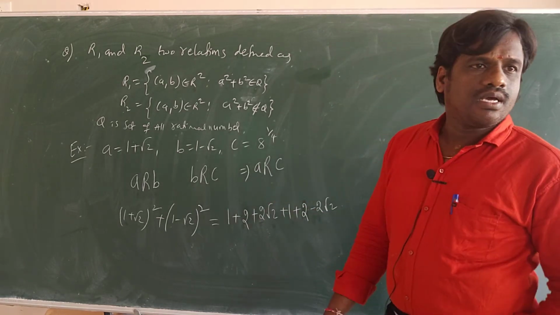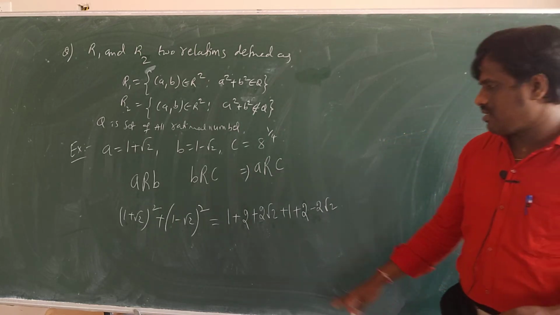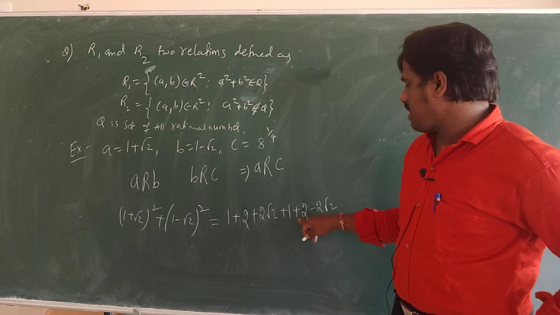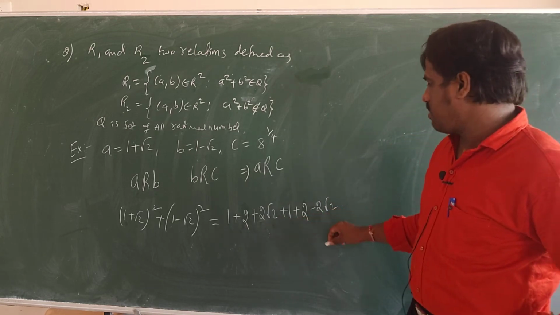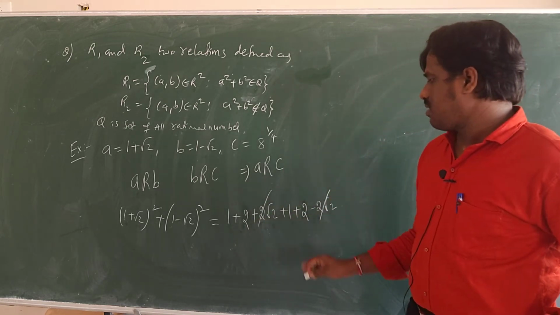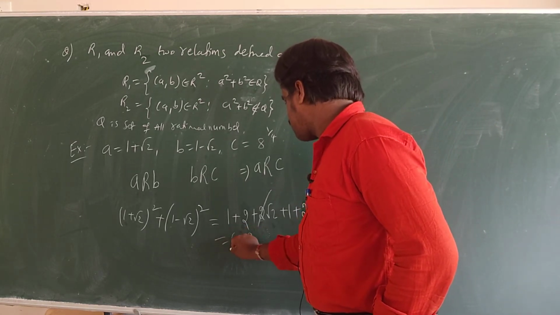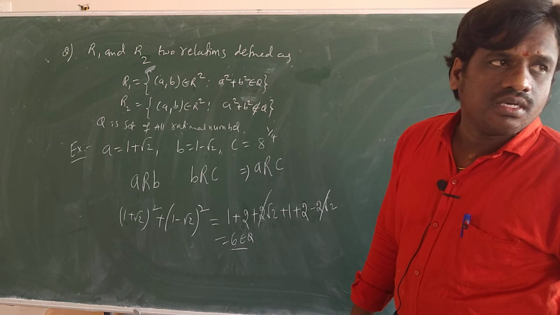The 2 root 2 terms cancel out. How much did I get here? 6. 6 is a rational number.